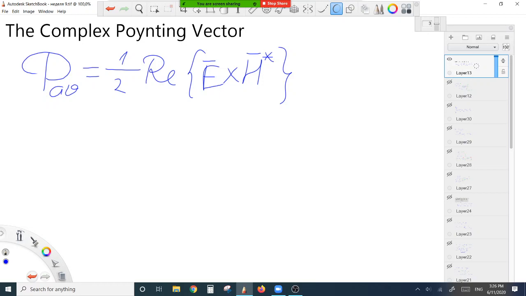This relation applies for any sinusoidal fields.